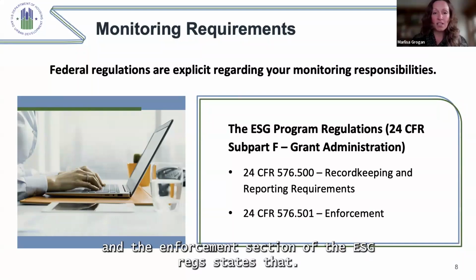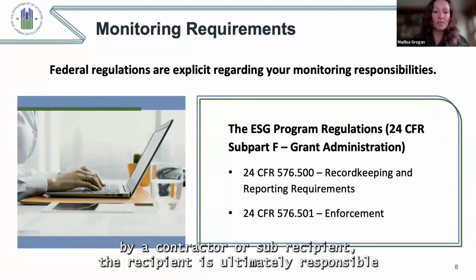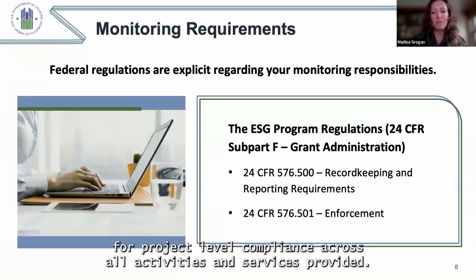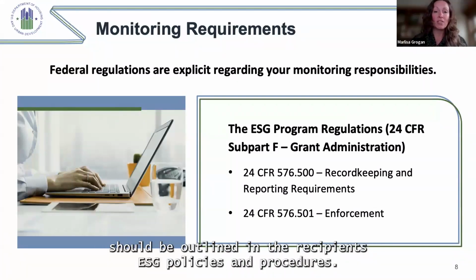And the enforcement section of the ESG regs states that, and I quote again, regardless of whether the services are provided by a contractor or subrecipient, the recipient is ultimately responsible for project level compliance across all activities and services provided. The process for project level compliance monitoring should be outlined in the recipient's ESG policies and procedures.